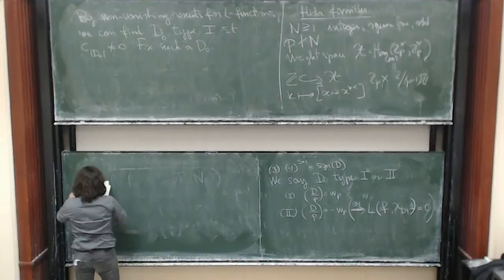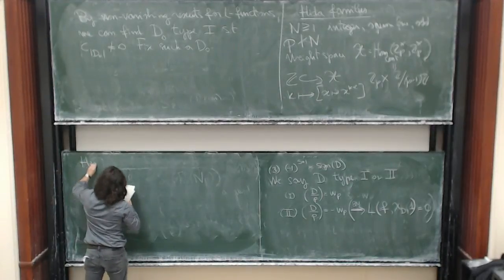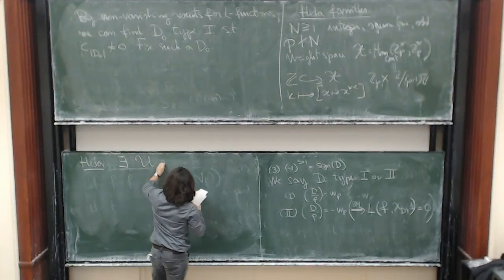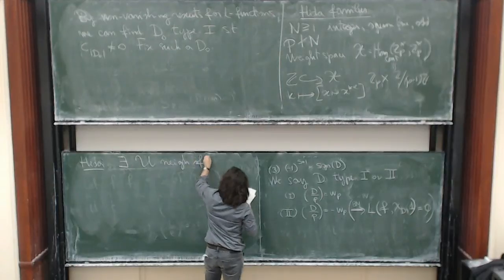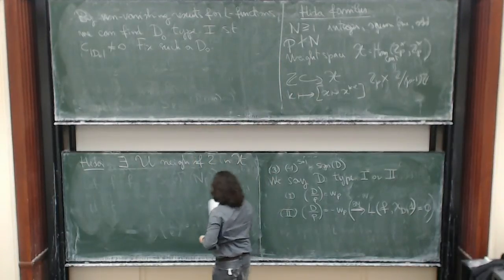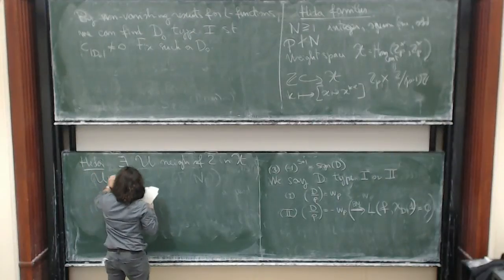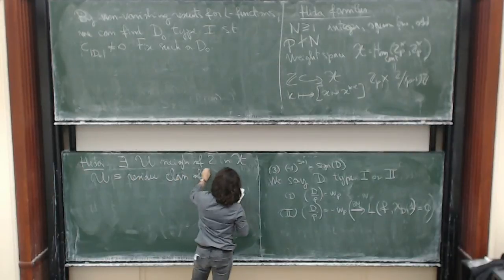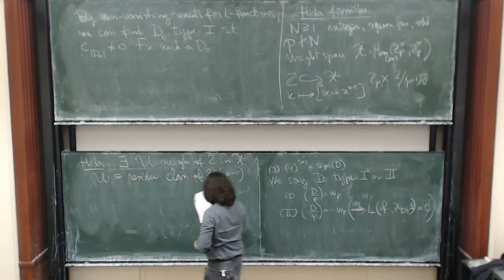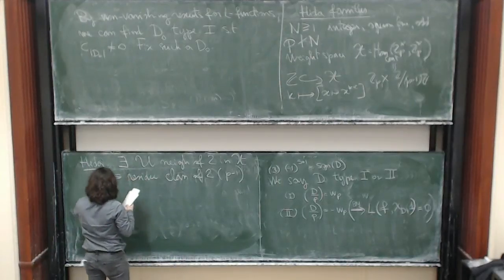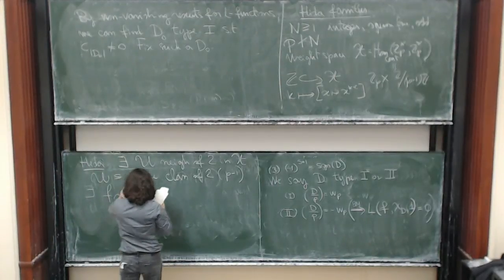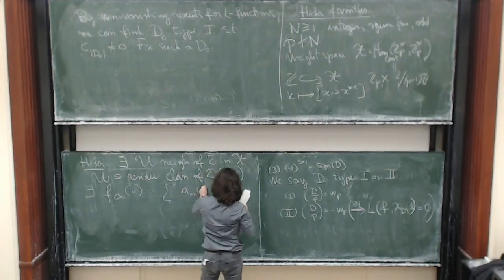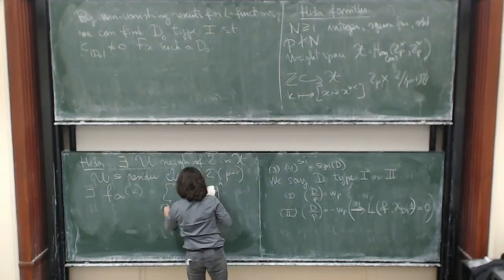So Hida: there exists U, a neighborhood of 2 in X, which we assume contained in the residue class of 2 mod p minus 1, and there exists a formal Fourier expansion f infinity of k, which is the sum of a n of k q to the n with n greater or equal than 1.